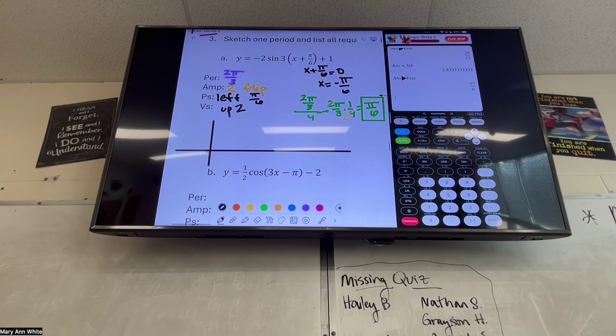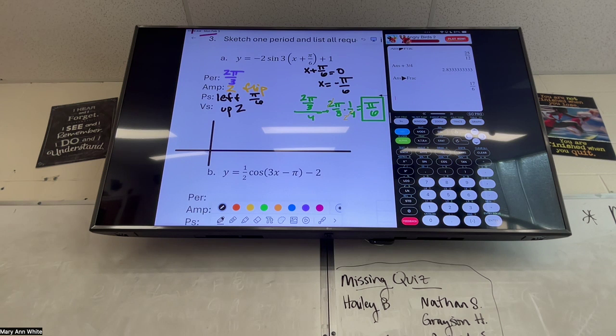Okay, all right, I'm going to label my graph with you. Yeah, Amelia, question? So if you have 2/3 divided by 4, that's the same thing as 2/3 times 1/4.